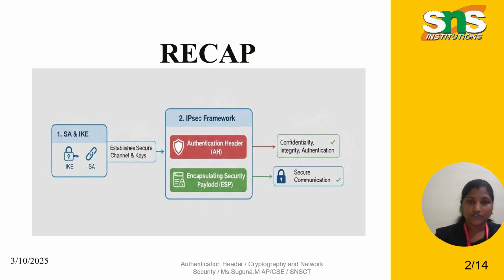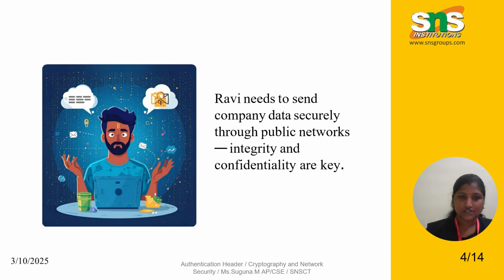To have a better understanding of this, let me take a scenario of a person called Ravi. This is an imaginary person. We can meet Ravi. He needs to send critical company data through the public internet. He knows the data must remain confidential and, more importantly, it should not be tampered with.